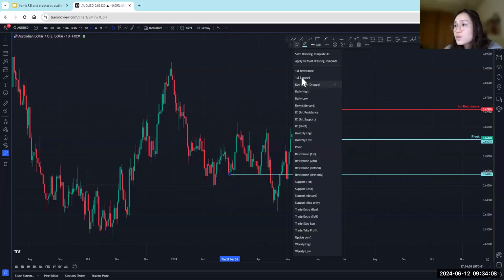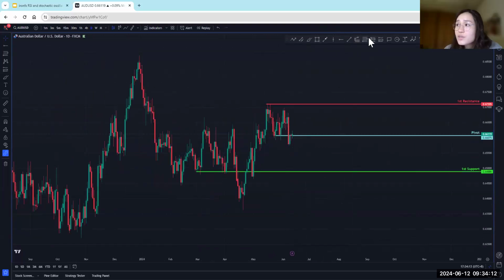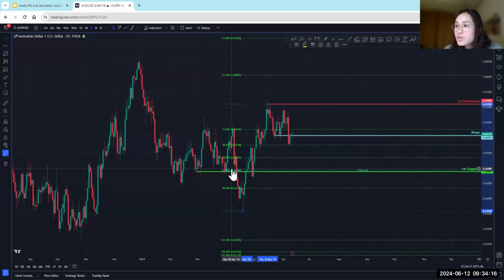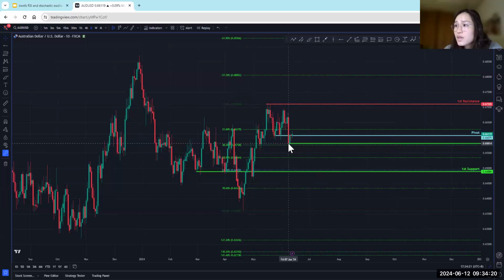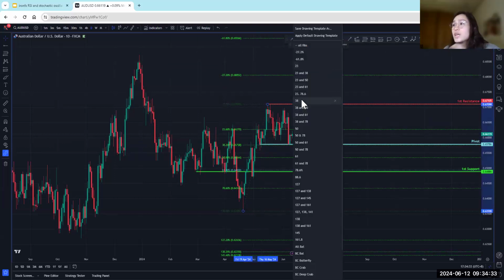Okay, this is my first support. Now I'm going in with my Fibonacci levels. Okay, my 61.8 lines up. Actually, no, I'm going to move my pivot here, because it's a double swing low and also it's in line with our 38.2.